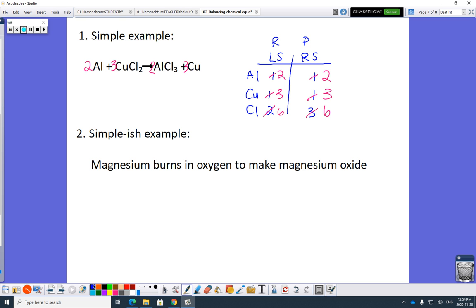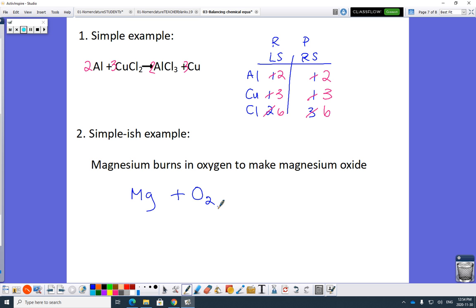This one says simple-ish because you do have to remember here we have magnesium burns in oxygen, but what's the formula for oxygen? Jacob. Good. O2. It is diatomic. So if you have to write it from words, that can be tricky.